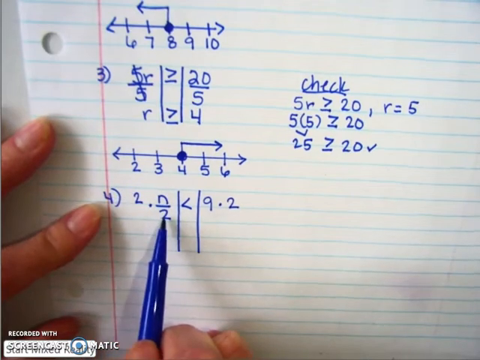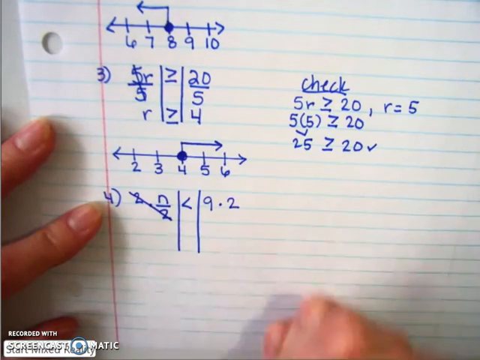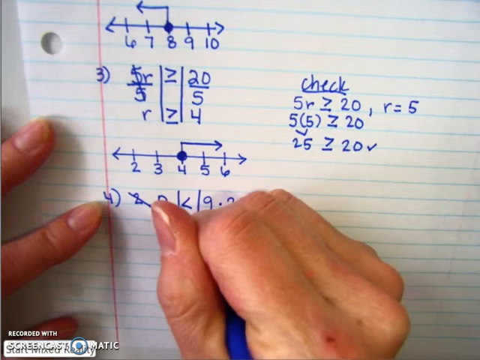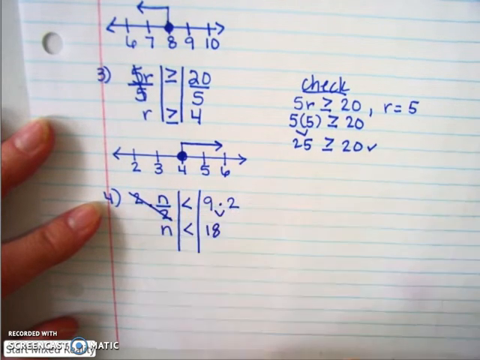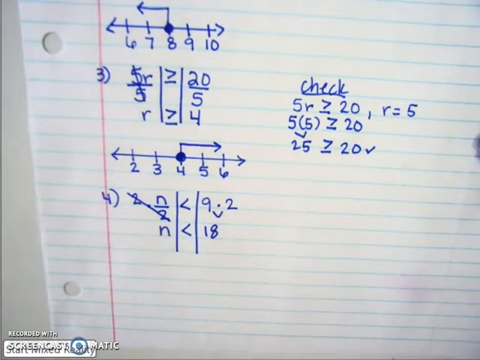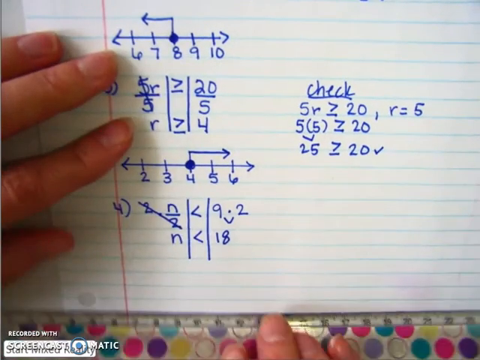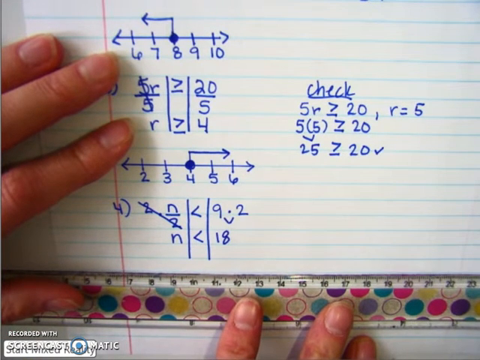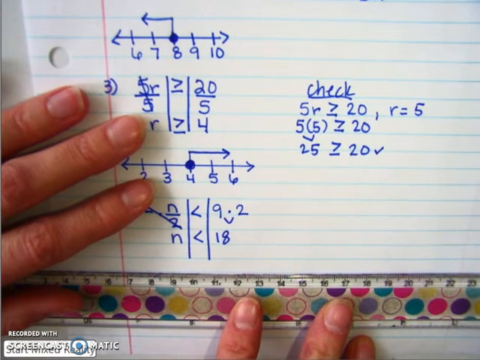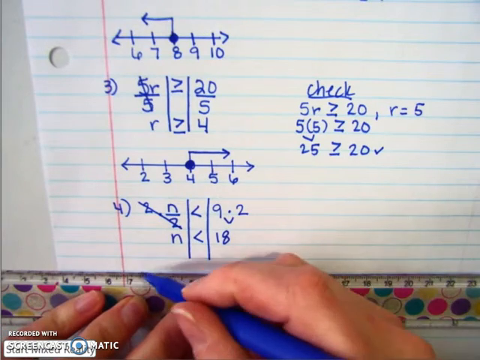When I multiply by 2 and divide by 2, I know that those cancel, and I'm left with n is less than 9 times 2, which is 18. So that means if I want to divide a number by 2 and make sure that it's less than 9, then my number that I'm dividing by 2 needs to be less than 18.